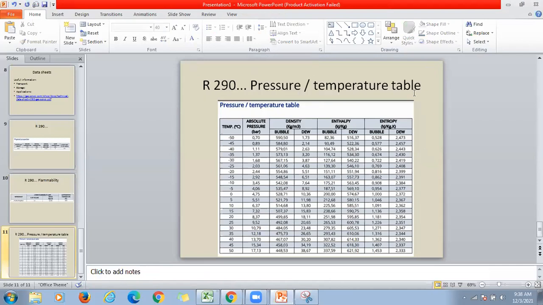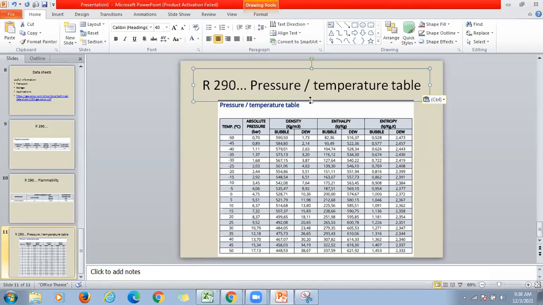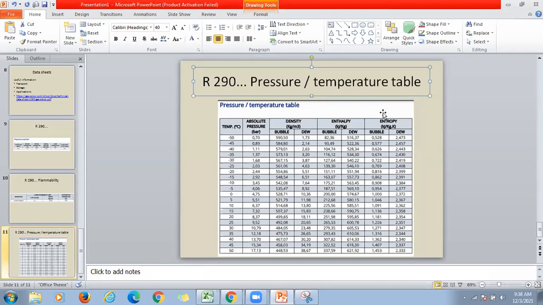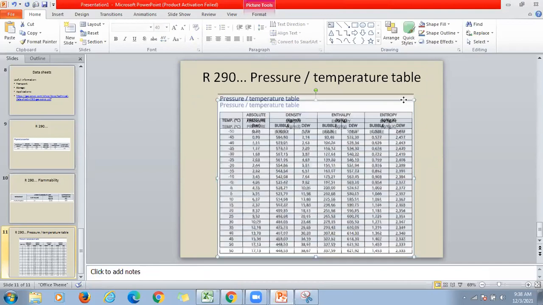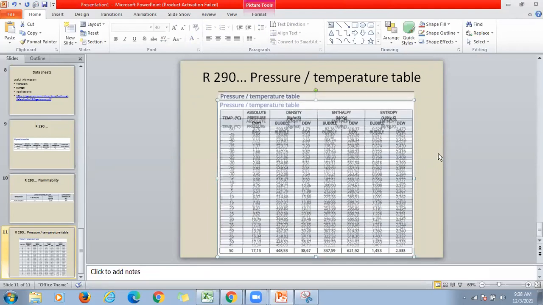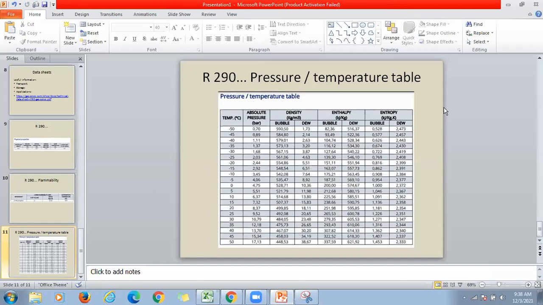So here you have some little awareness that when it comes to some matter or material, for example R290, the pressure and temperature connection is important. That's why it is here. Pressure, temperature connectivity is important.